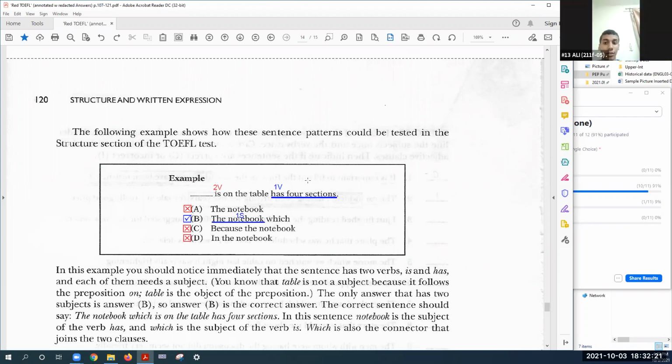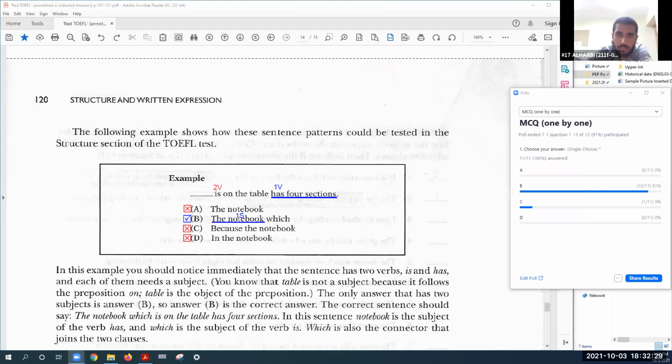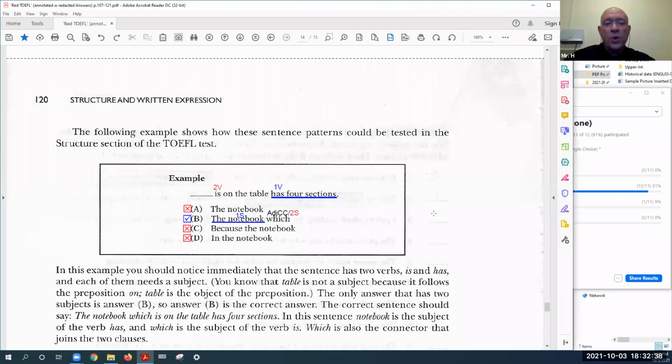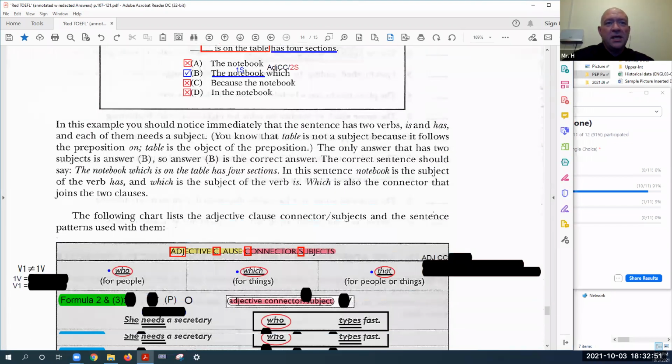Where is the connector? Which. And the second subject? Also which. Very good. Where is the adjective clause? Where does it start? From which until table. That is correct. Which is on the table. Very good, gentlemen. Excellent. Let's move on.